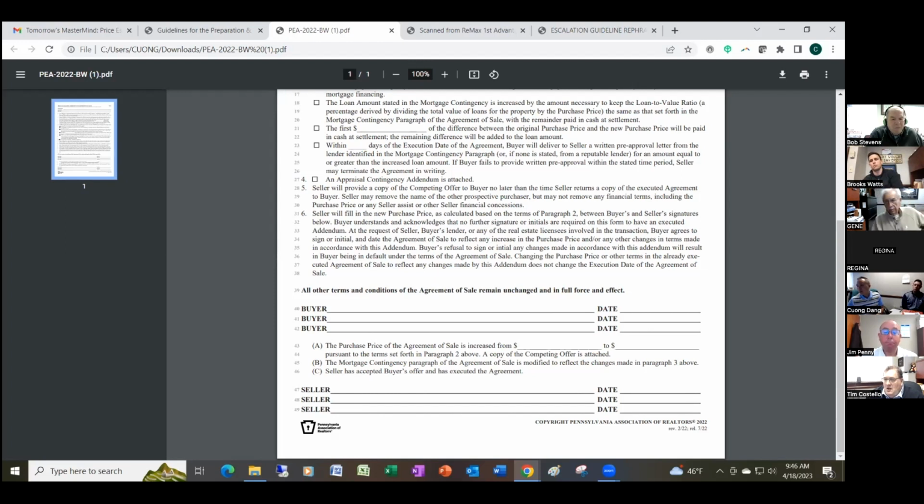So if you're going to do it that way, we need to make sure that when the appraisal's set up through the listing agent, that listing agent makes sure that they give that appraiser that addendum if the agreement of sale isn't changed.